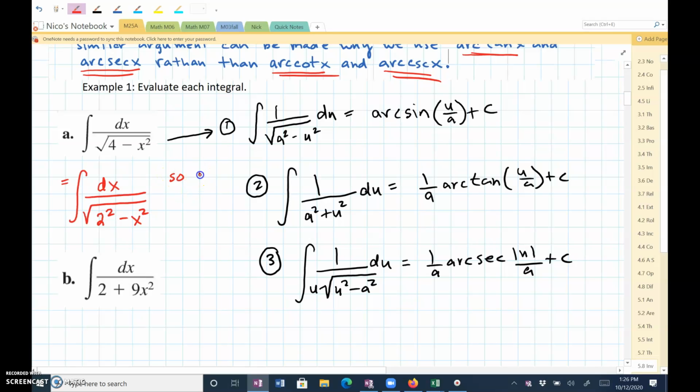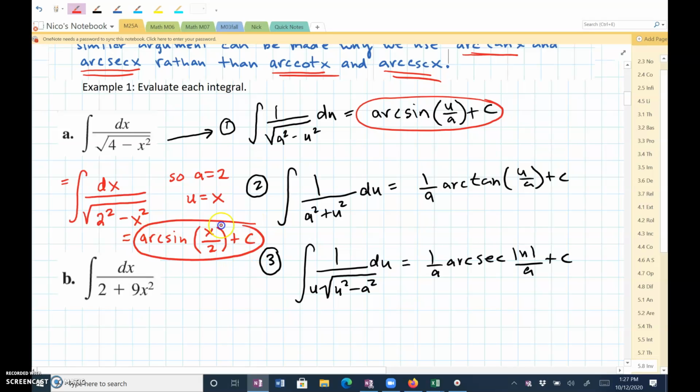So a equals 2 and u equals x. So then if I plug it into this form here, this is going to equal arc sine of u, which is x, all over a, which is 2, plus c. That would be the answer for A.